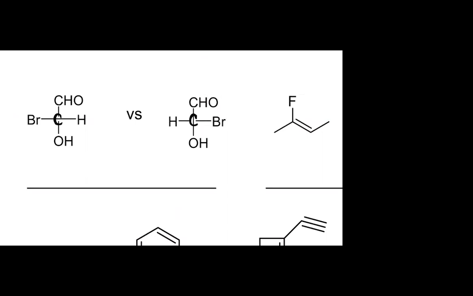So when we look at this, the carbon in the middle is chiral because it has 4 different groups around it. It has the CHO, it has the hydrogen, it has the bromine, and it has the hydroxy or hydroxyl group, okay?